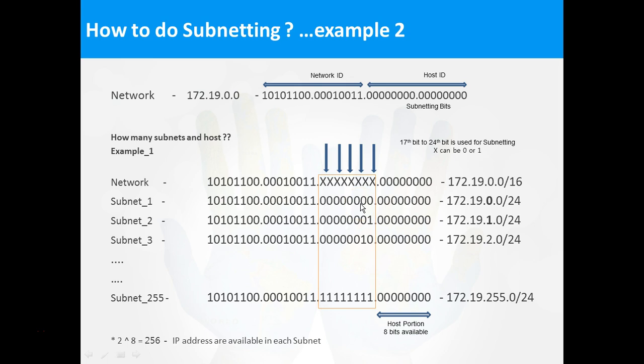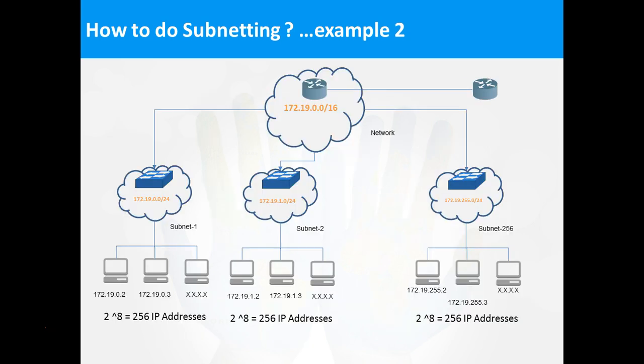So for each and every subnet, the CIDR bit should be 24. We are just representing the network bits for the subnet as 172.19.1, that is 3 octets. 3 octets is equal to 24 bits.